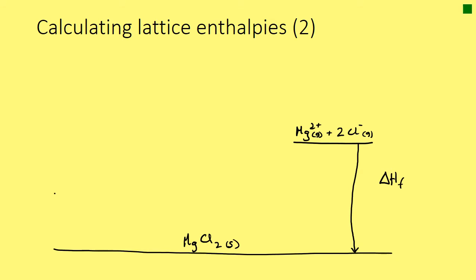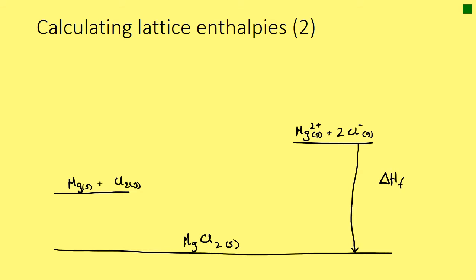The other thing we know is that at standard conditions, magnesium is going to be solid, and our chlorine is going to be a gaseous chlorine molecule. This time we don't need a half, because we need 2 chlorine atoms, and that's 1 chlorine molecule.